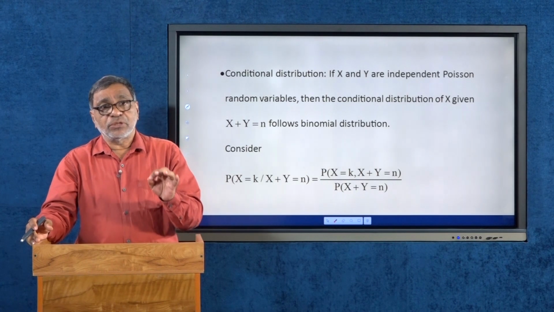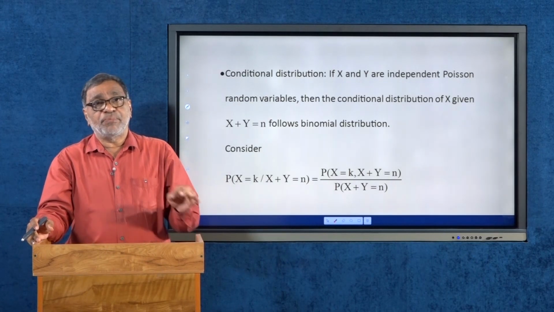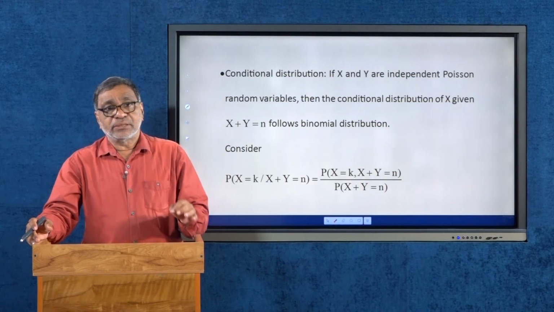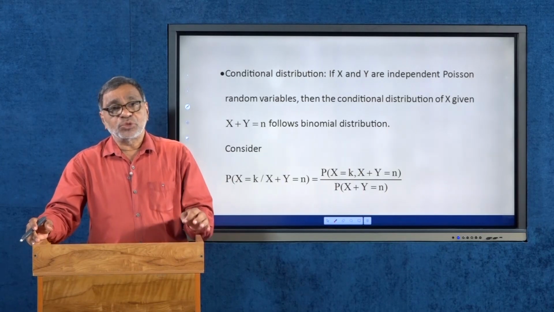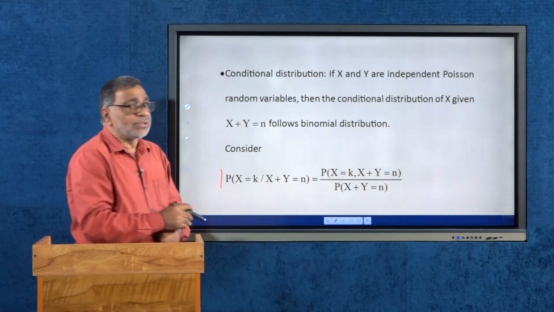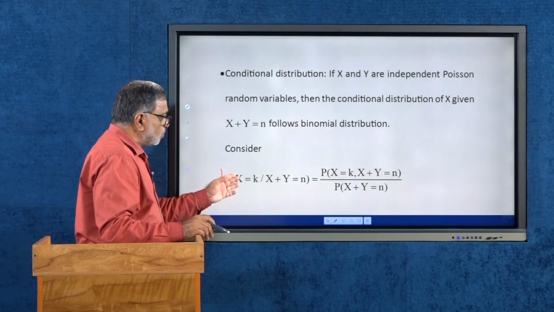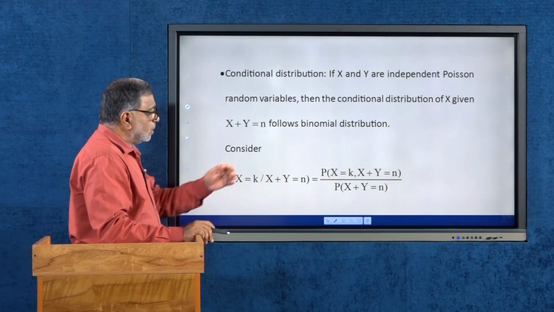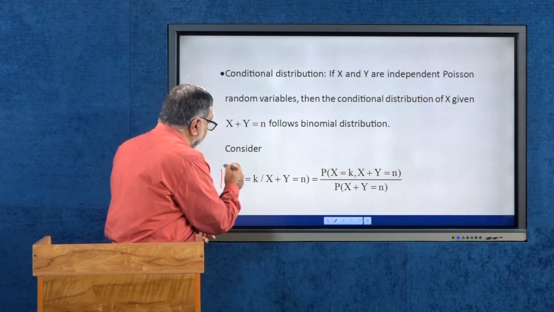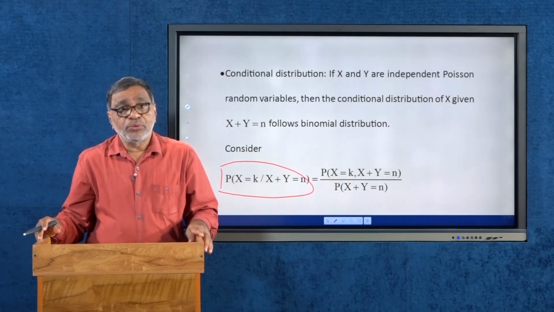A very important result is that if x and y are two independent Poisson random variables, then the conditional distribution of x given x plus y follows a binomial distribution. Suppose you are finding the probability of x equal to k given x plus y equal to n. We have to prove this probability is nothing but a binomial probability mass function.